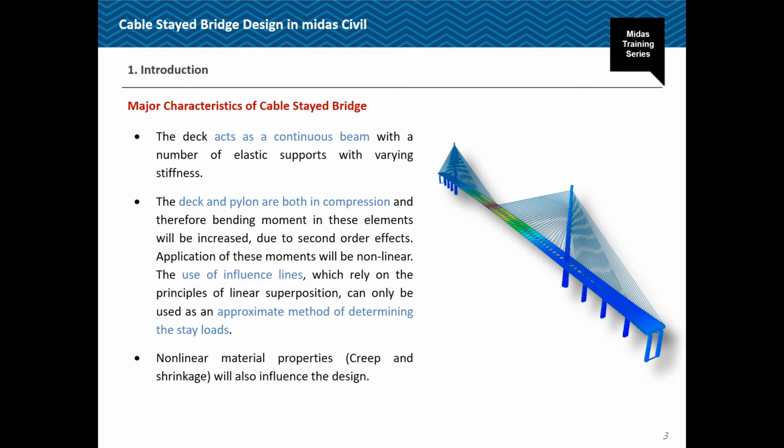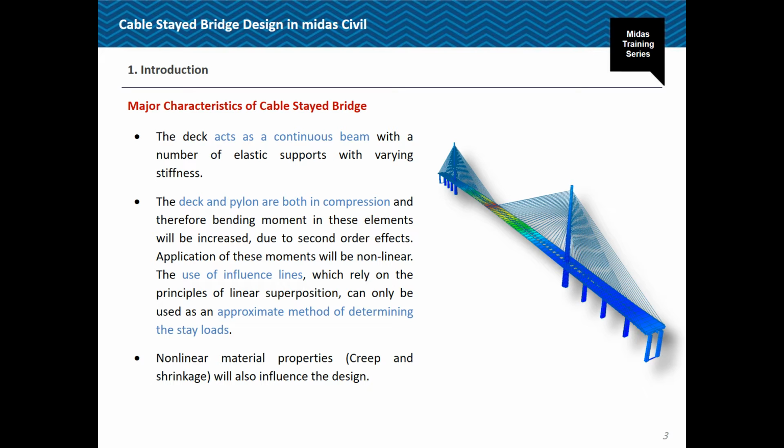And also something very important for cable stayed bridges are the non-linear material properties like creep and shrinkage, which can sometimes considerably affect the calculation and determination of the cable stays, because on top of the intrinsic non-linear nature of the structure, we are going to add things like creep and shrinkage, which are going to increase the level of convolution of the calculations.